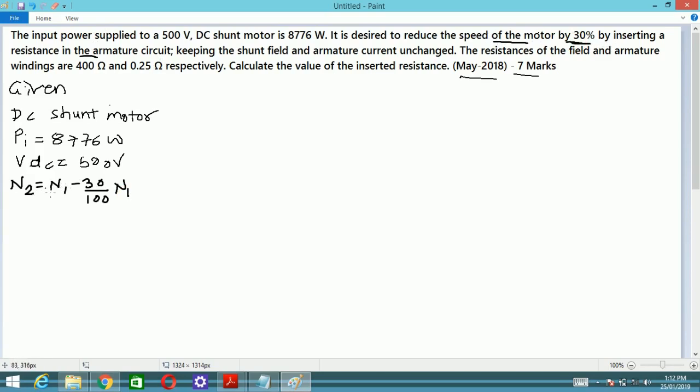The new speed will be 30% less than the initial speed, so always write it in this manner. If you solve this, you get N2 equal to 0.7 times N1, since 1 minus 0.3 is 0.7.